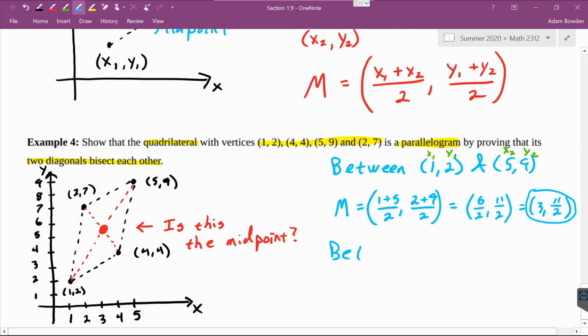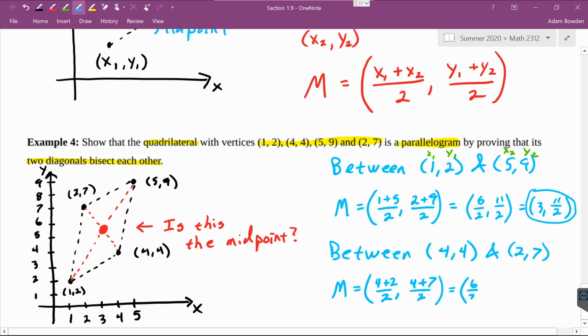And if we go on and we check the midpoint between the other two, 4, 4, and 2, 7, that midpoint would start off with 4 plus 2 divided by 2, 4 plus 7 divided by 2. We check the numbers, that'd be 6 over 2, 11 over 2.